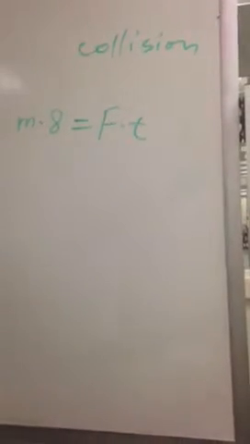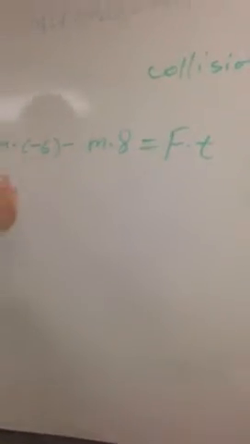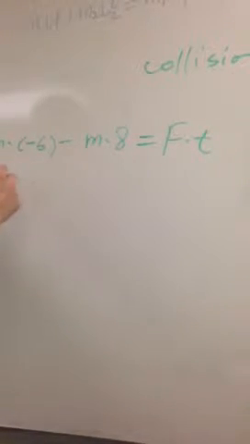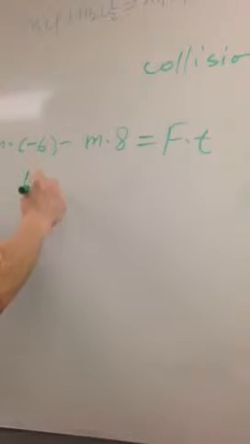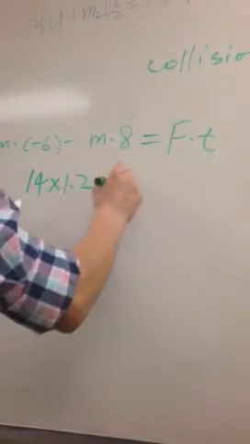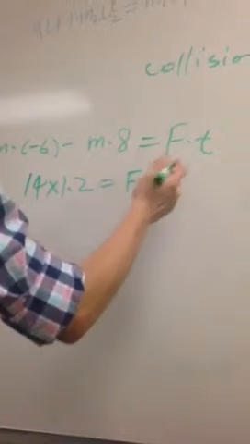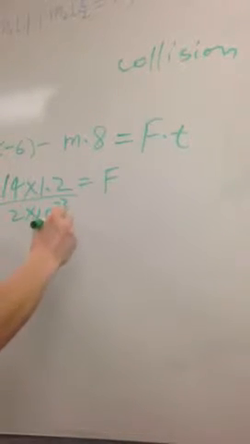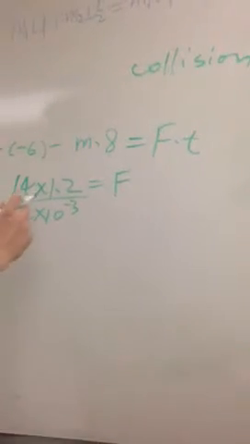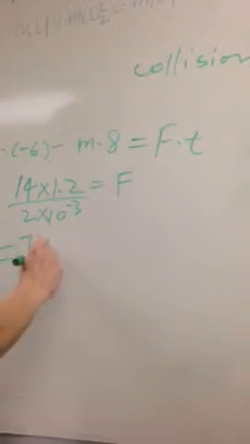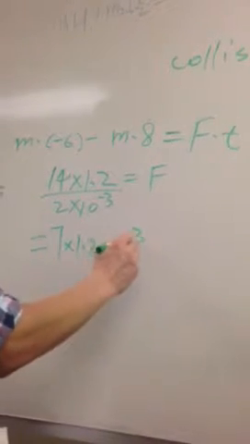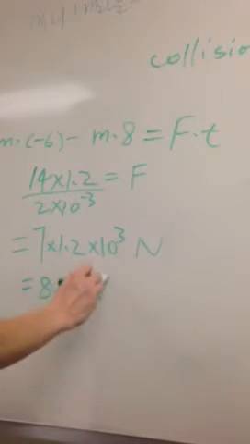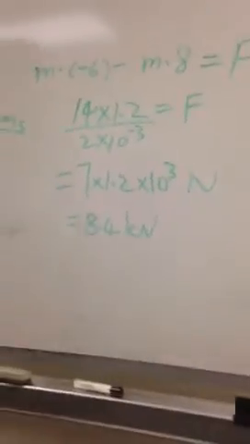So that's the impulse, exactly. That way the calculation is easier. Putting in t in seconds, it would be 7 times 1.2 times 10 to the 3 newtons, which is 8.4 kilonewtons. There are two different ways, but they're the same thing.